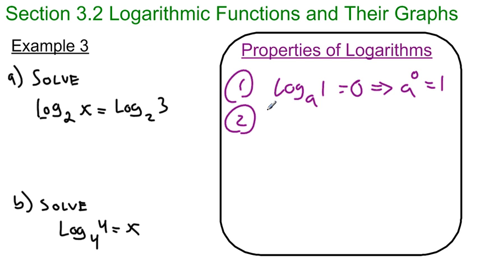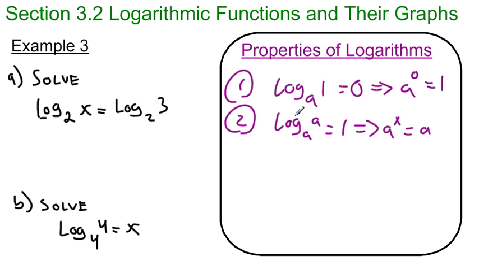Now watch this. If I have log base a of a, this is always going to be equal to 1. And that should make sense. Why? If I write this in exponential form, that means a to the power of what equals a. If x was 1, then a to the power of 1 equals a.